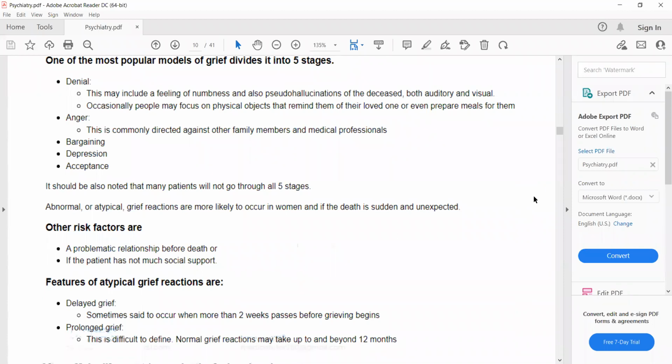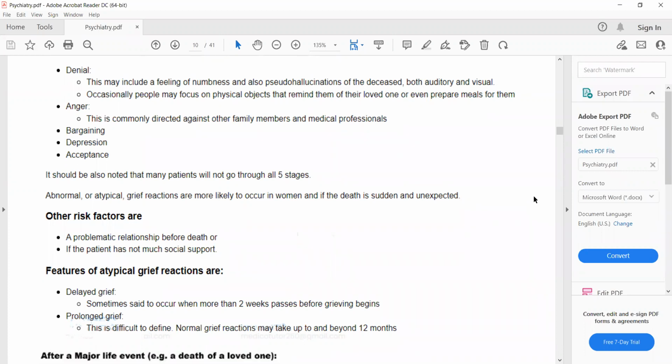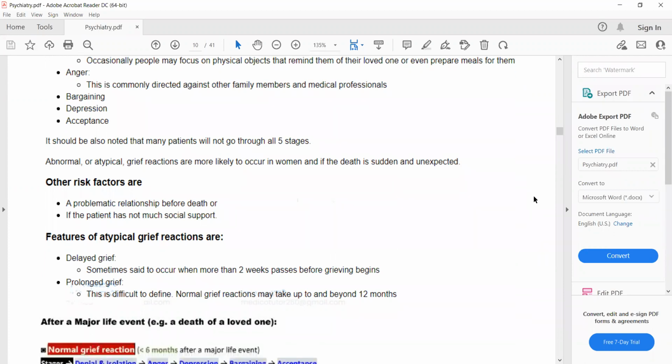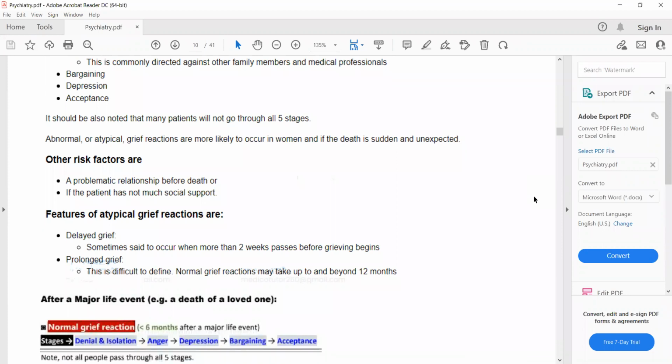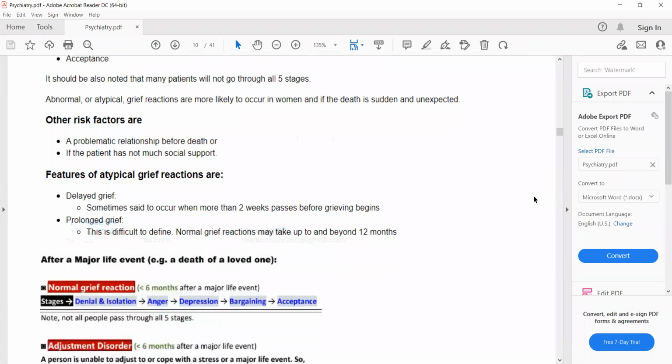Other risk factors for grief reaction are a problematic relationship before the death, and if the patient does not have much social support. So these factors can lead to a grief reaction.